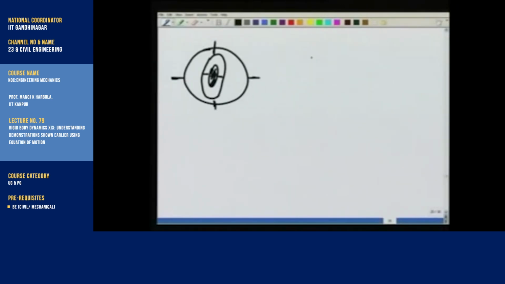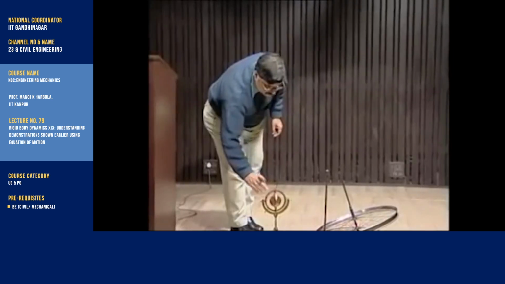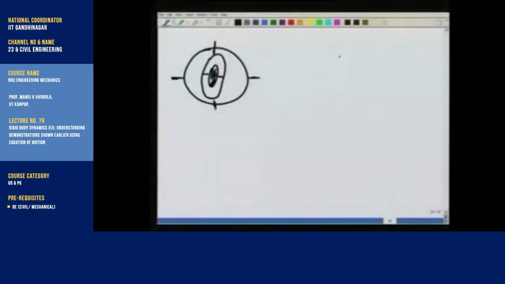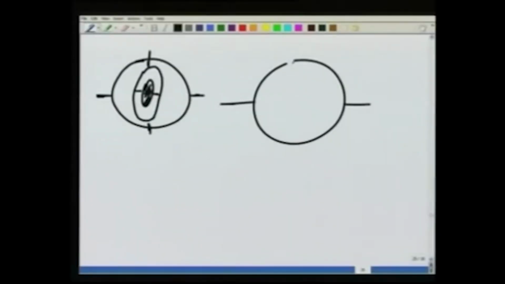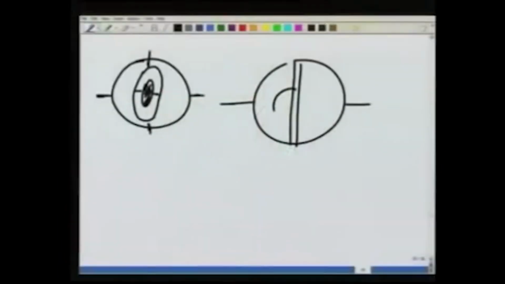Let me look at it from a different view. The outer frame is like this, and let the inner frame be in the position like this, and then the wheel is mounted like this.